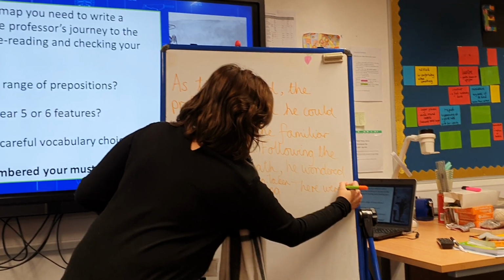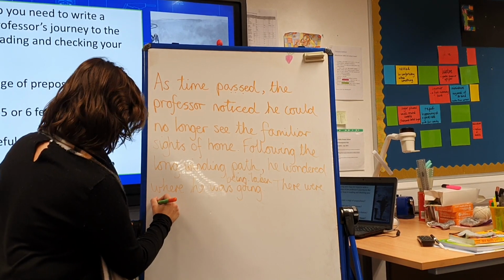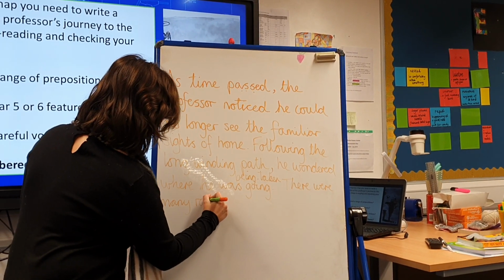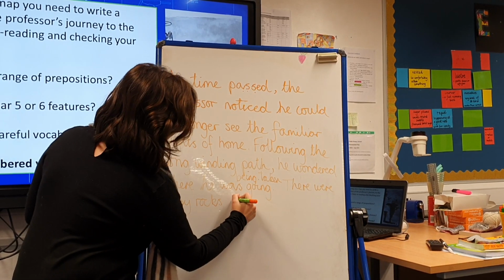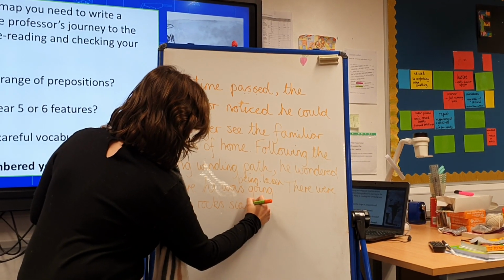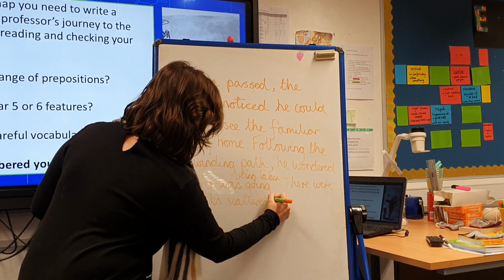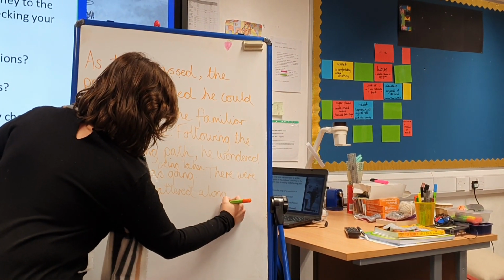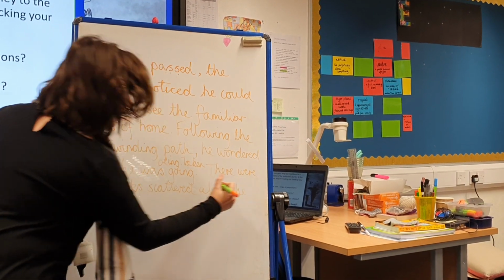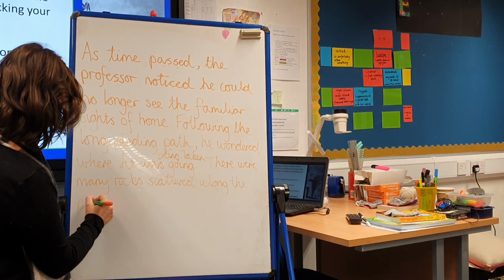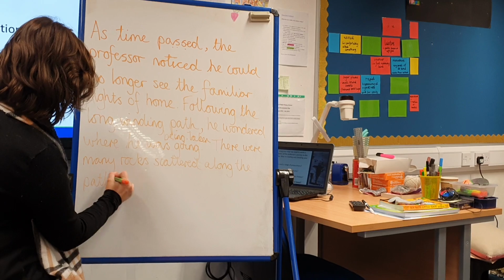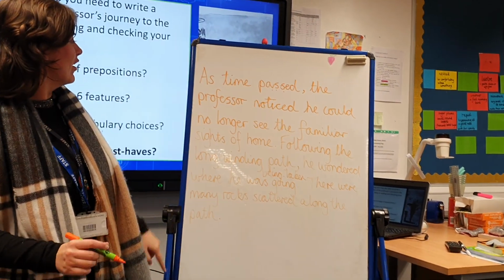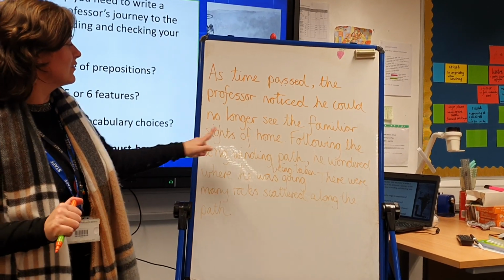There were many rocks scattered along, let's get my preposition in, scattered along the path. Scattered along the path. As time passed, the professor noticed he could no longer see the familiar sights of home.